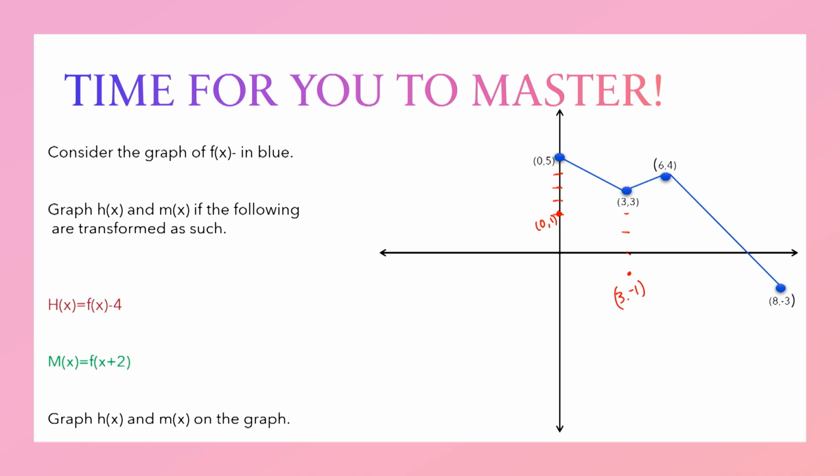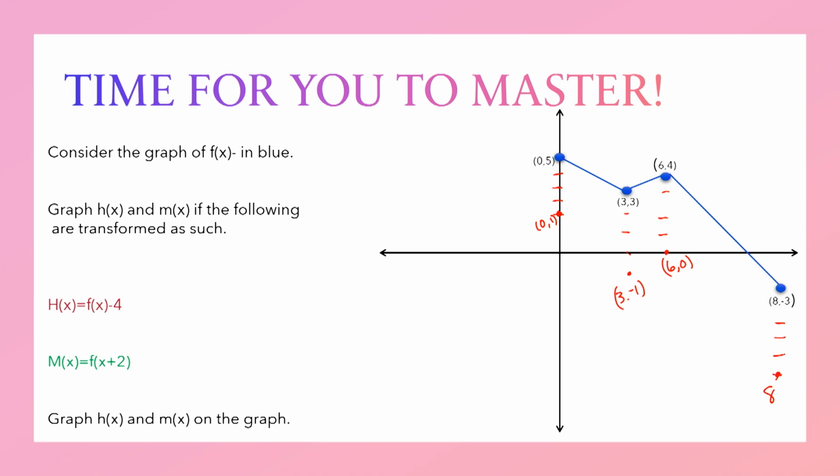The next one, I'm going to go down 4 units. So I have 3, 2, 1, 0. So I'm at 6, 0. And then I have 8, negative 3, and I'm going to go down 4 units. So it'd be negative 4, negative 5, negative 6, negative 7.